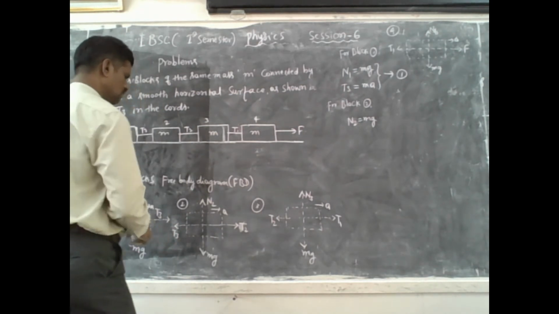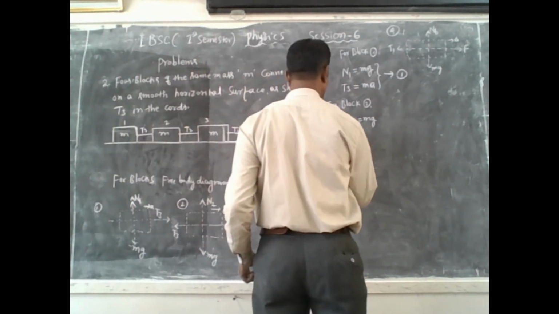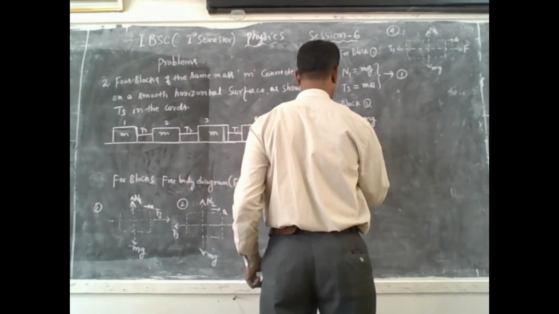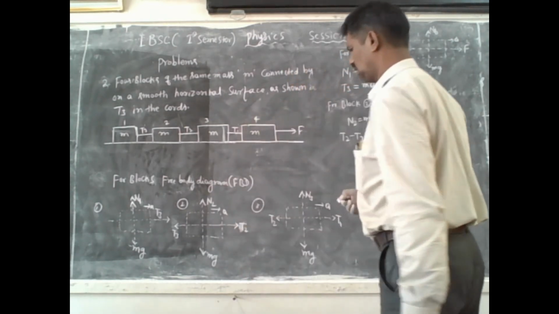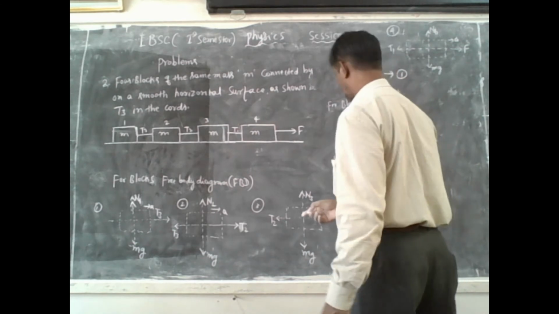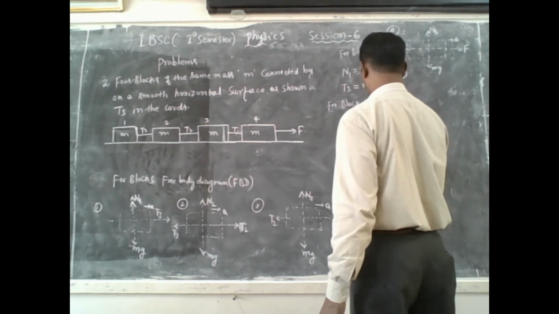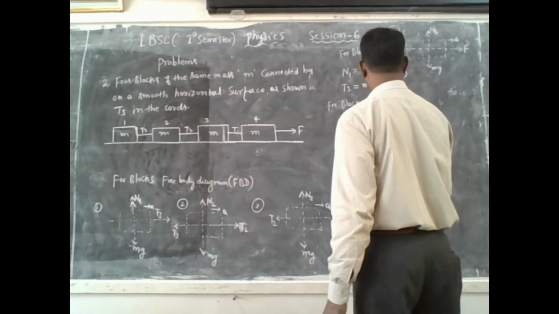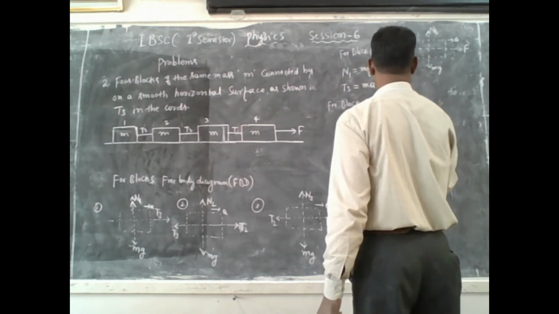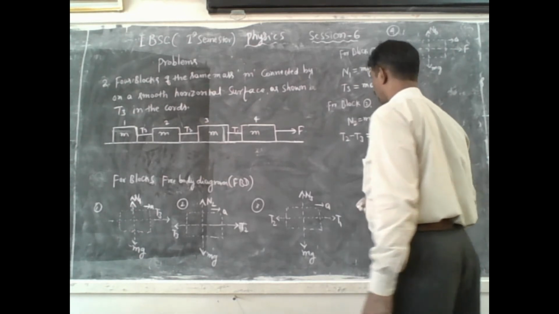So therefore T2 minus T3 is less when compared to T2, the tension T2, that's why T2 minus T3 equals Ma, isn't it? So this is equation 2.